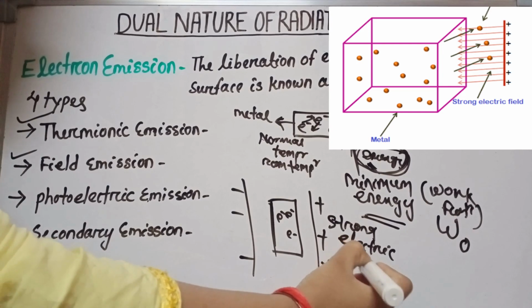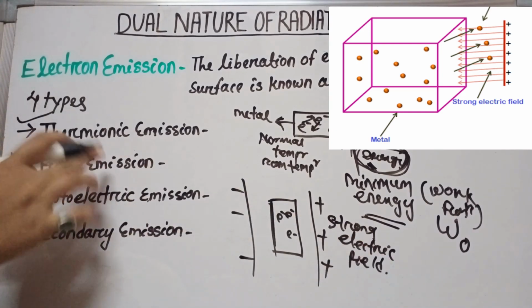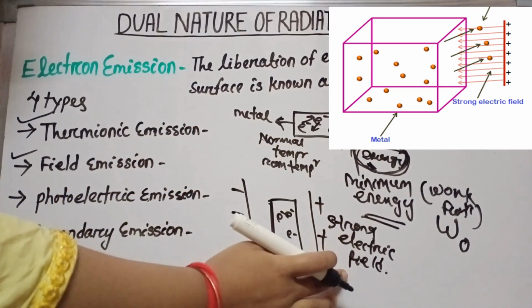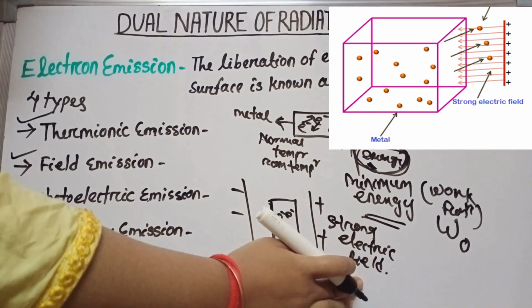This type of emission is known as field emission. That means emission takes place due to the strong field.